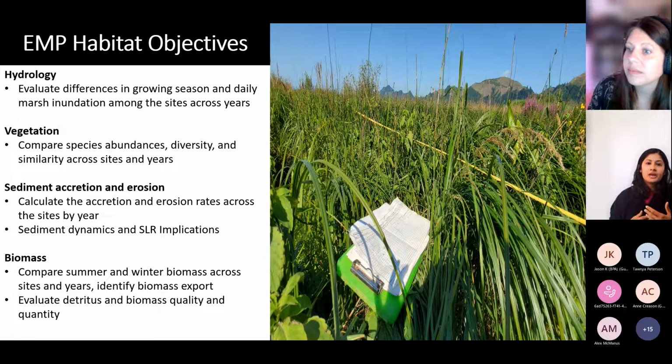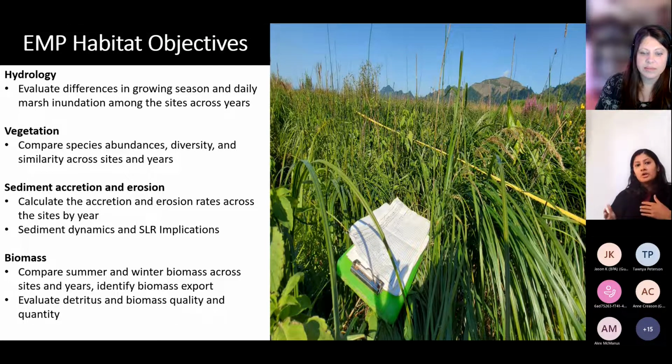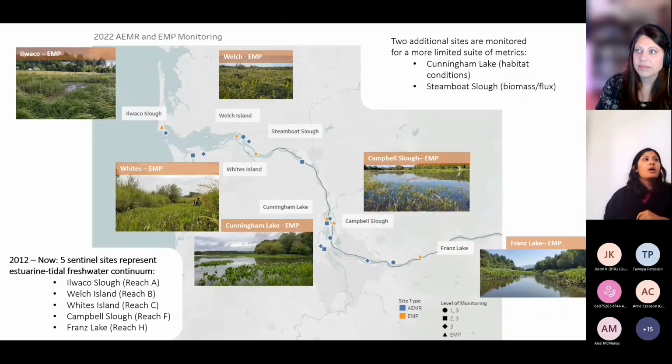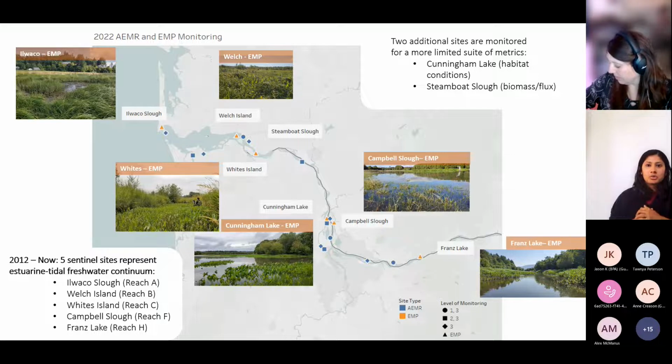We also study sediment dynamics across these sites, and we collect plant above ground biomass samples to be able to talk about the primary productivity, and this feeds into the salmon food web dynamics of the program. This year, we collected the habitat metrics across all 5 of the trend sites and Cunningham Lake, which is in Reach F. We've also collected above ground biomass data at Steamboat Slough.